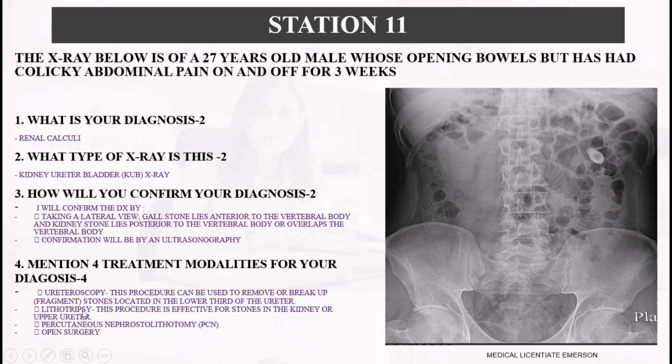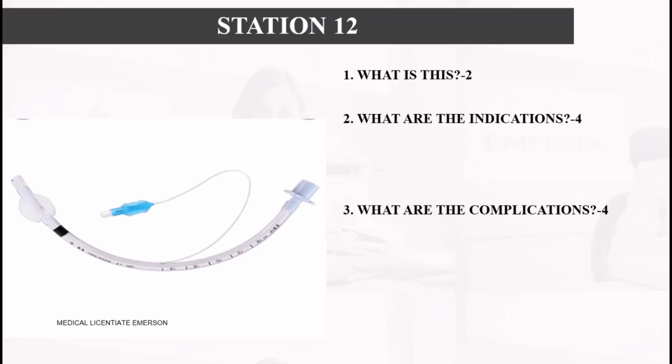We also have lithotripsy, a procedure which is effective for stones in the kidney and upper ureter. Then we have percutaneous nephrolithotomy, this is PCN. Then we also have open surgery, and of course there are others, but these are some of the things I managed to put here. So we are done with this station.